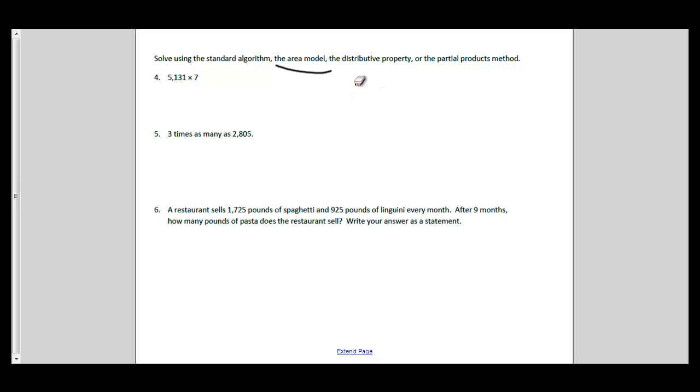So if I did 7 times 5,131 and I was using area model, I would have to use the distributive property, or actually it would be expanded form. 5,131.